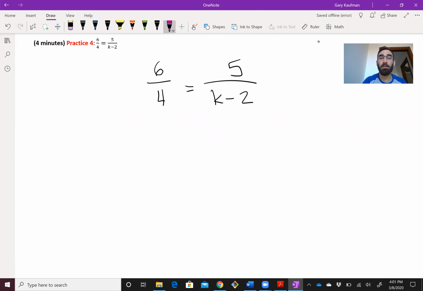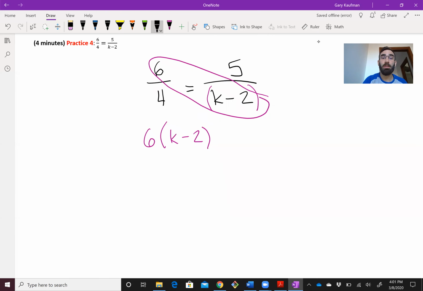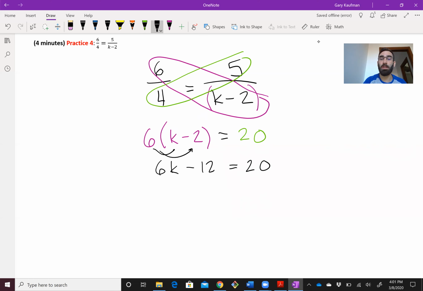So I'll do this one in a little more detail. Again, I'm going to remind myself to use implied parentheses. I'm going to cross multiply and get 6 all multiplied by k minus 2 is all equal to the cross multiplication of 4 times 5, which is 20. Now I'm going to distribute first and get 6k minus 12, because it's a positive and a negative, is equal to 20.